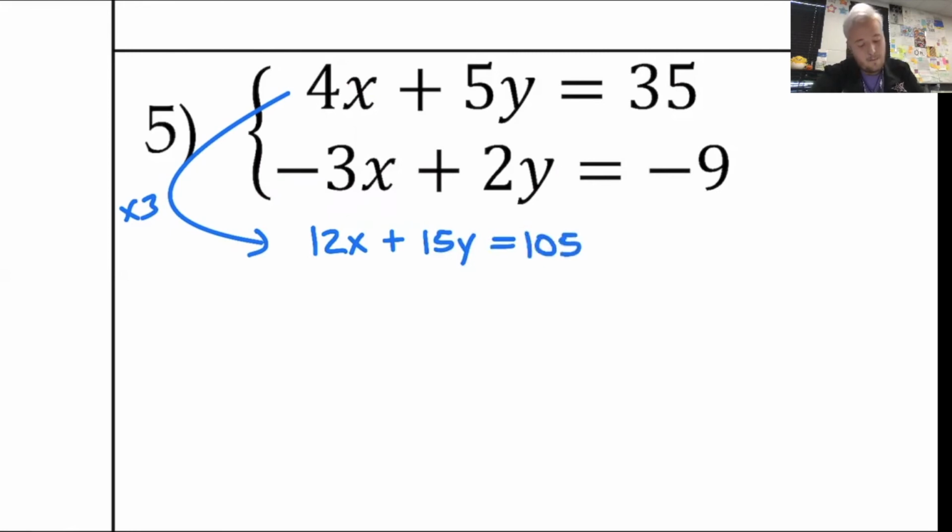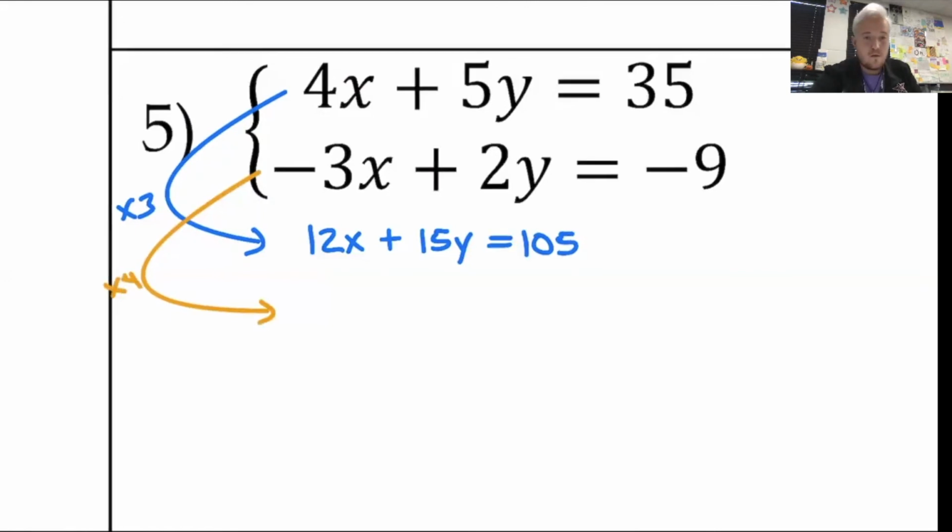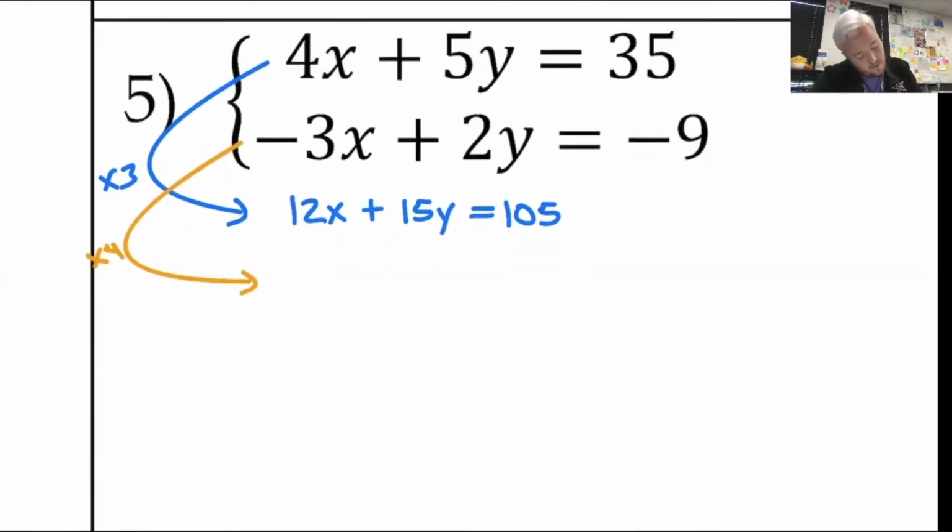All right, now my bottom equation, I'm going to multiply by 4. So I'm going to have negative 12x plus 8y equals negative 36.